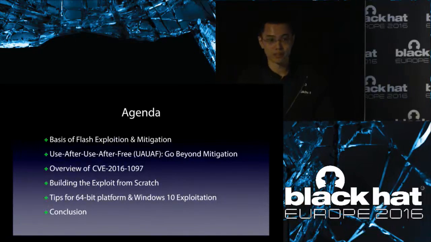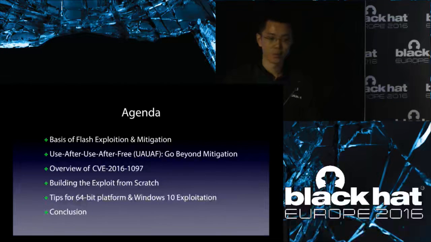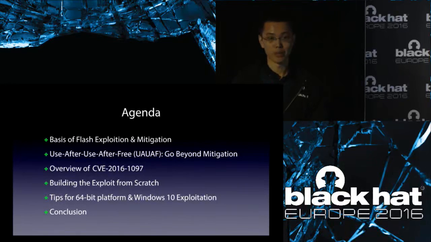Next, I will show my method, which can bypass these mitigations, and then we'll build the exploit step by step with this method for CVE-2016-4197. At the end of the talk, I will also discuss how to exploit under a 64-bit environment and how Windows 10 affects the exploitation.